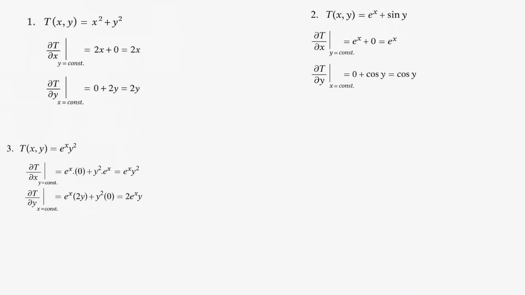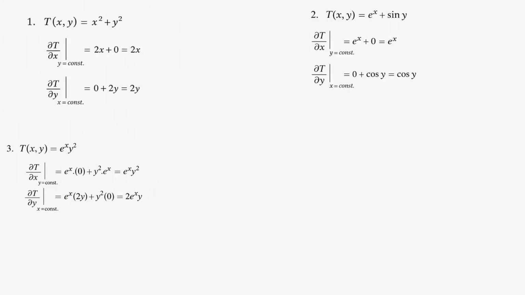And here is another example of a scalar field: e to the power x times y squared. Here we have to use the UV rule, where first we keep u as a constant and differentiate v, plus we keep v constant and differentiate u.